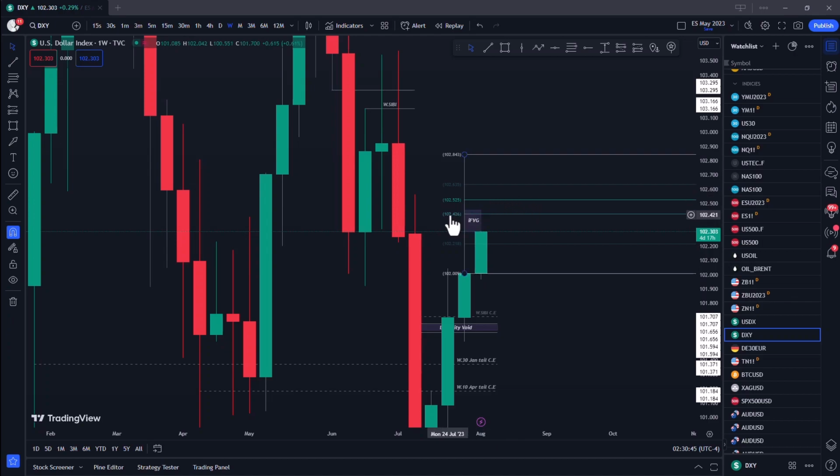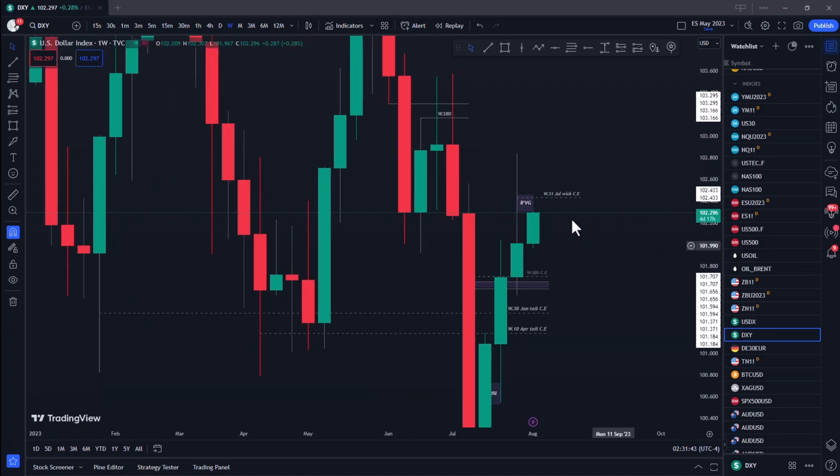So we can see that the 50% mark is the 102.426 level, which I will delineate now and label as a consequent encroachment. Once it has been delineated, I can then remove my Fibonacci because it was just used for measurement.